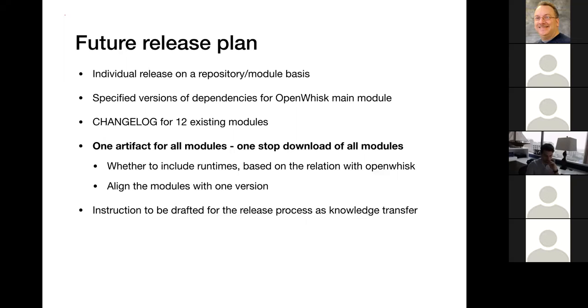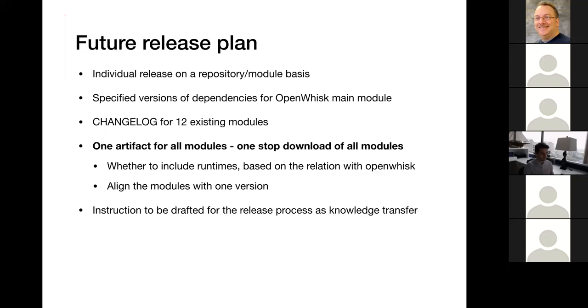But for new modules and new runtimes, we can still plan for the first release, but it's also on a module basis, so they can plan their own release. And the fourth, I'm thinking of having one artifact including all the modules.